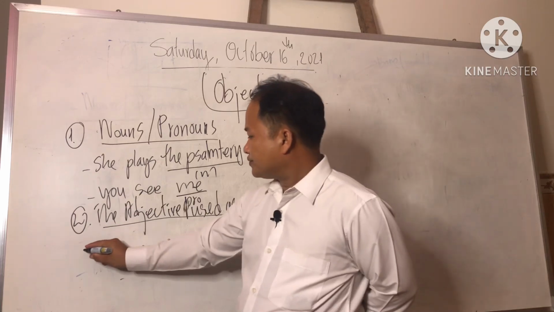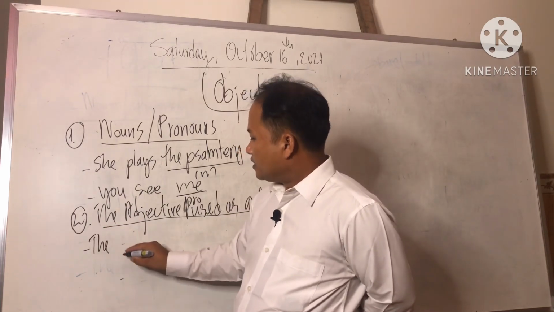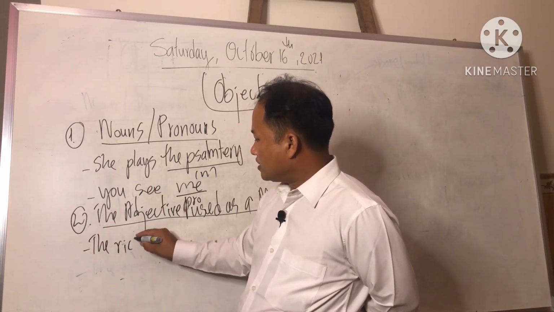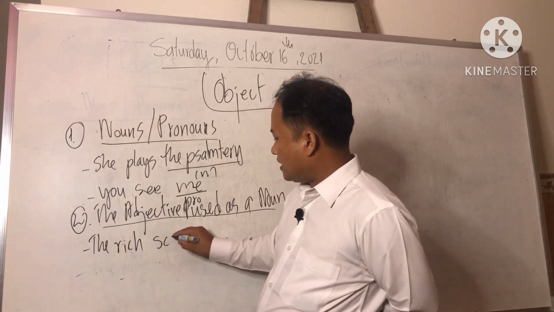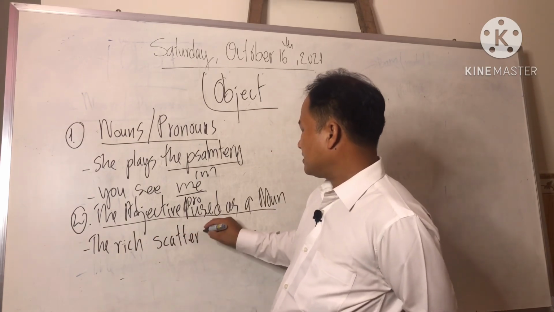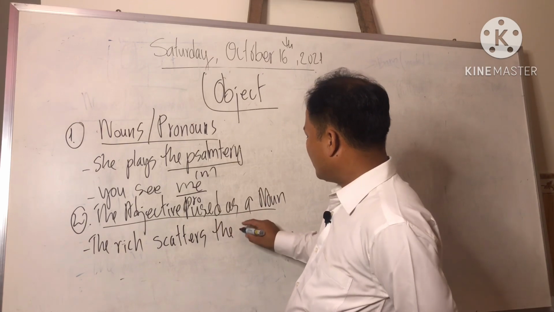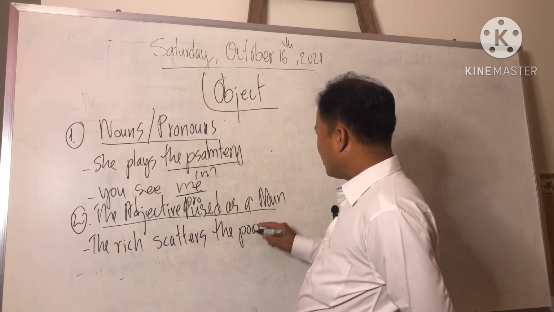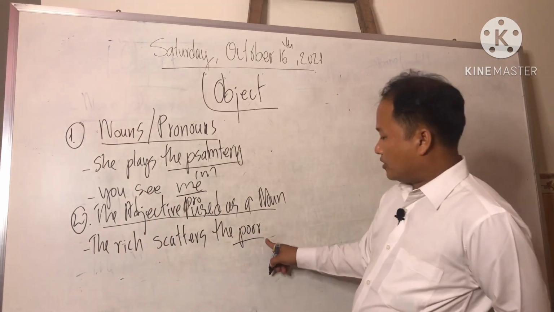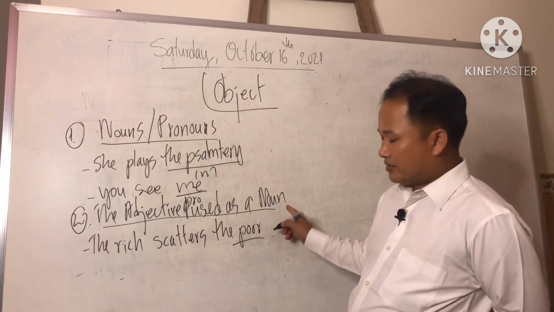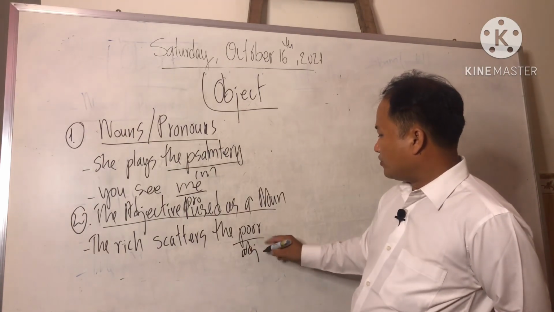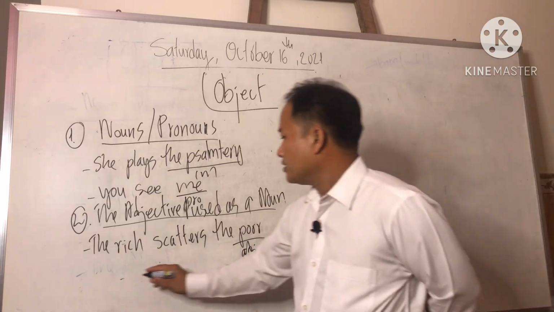For example, the rich support the poor. Poor is an adjective, right? But you use it as a noun, the adjective, but you use it as a noun.